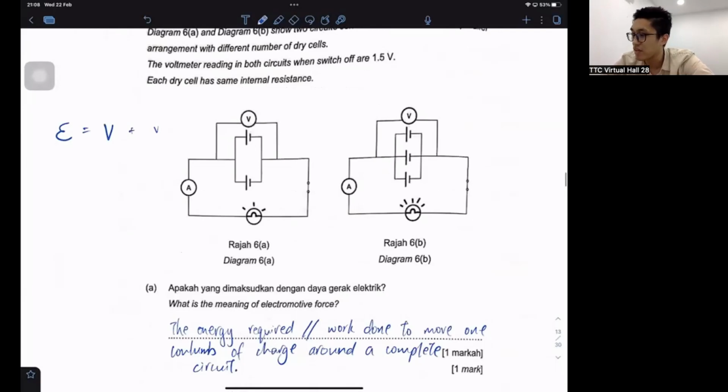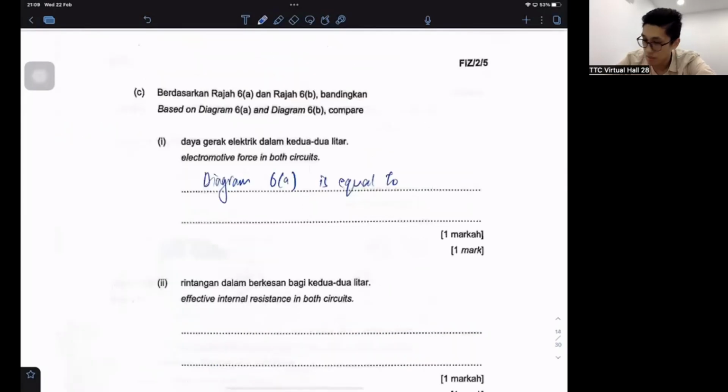This also 1.5, this also 1.5. So the EMF for both is actually the same. So you say diagram 6A is equal to diagram 6B, because both have EMF of 1.5.